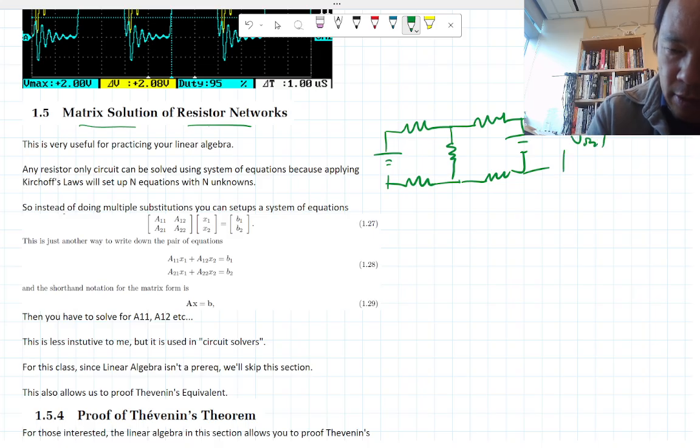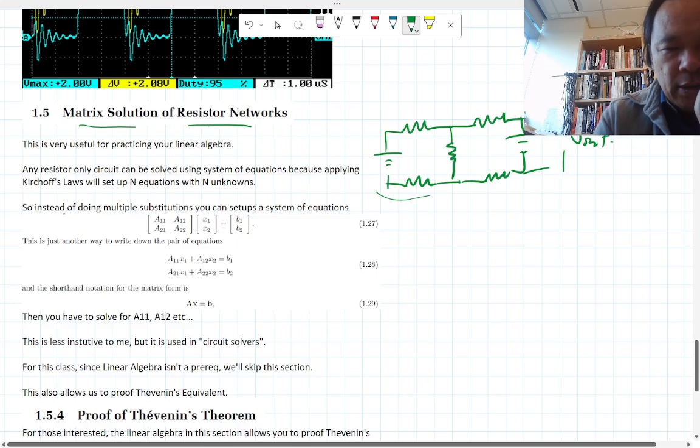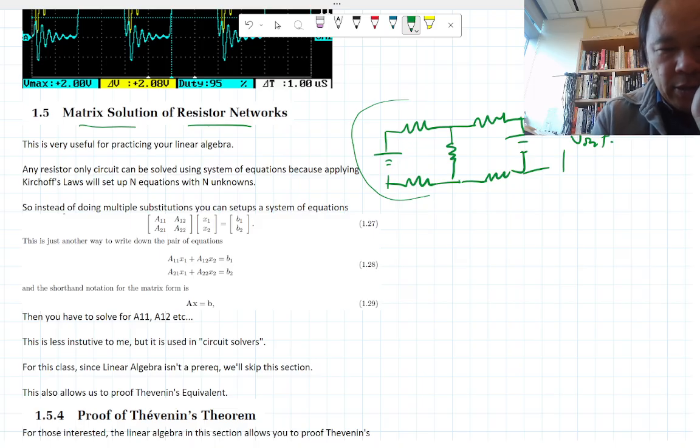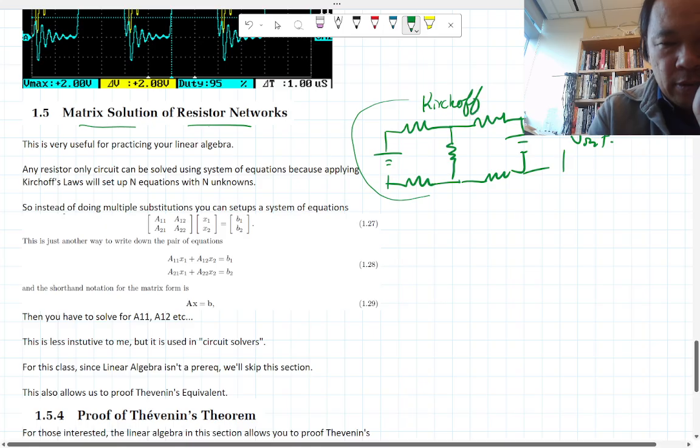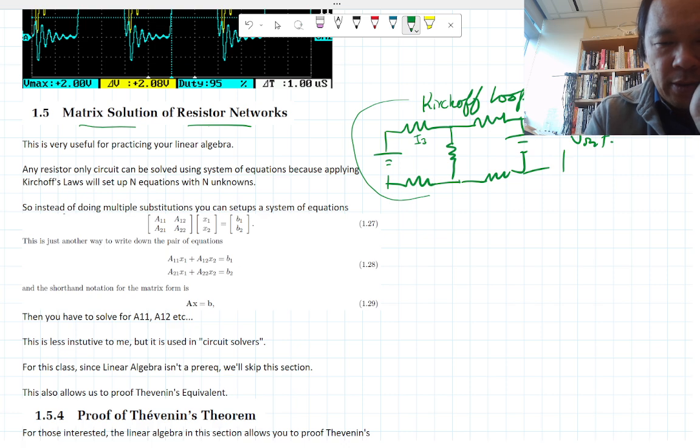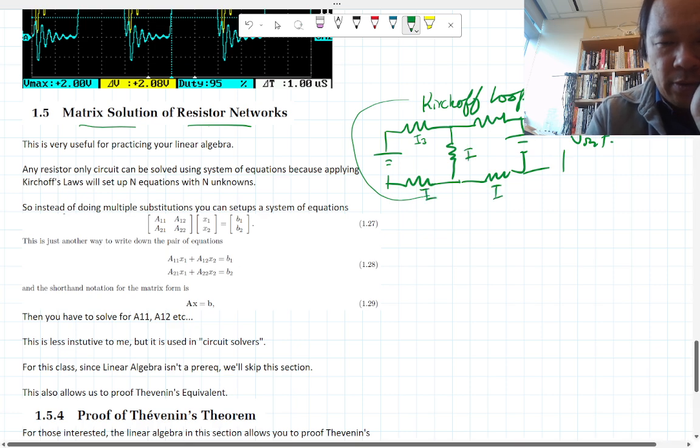What you find is that you're going to end up with n number of equations by applying Kirchhoff's loop rule, and you're going to have n number of unknowns. Meaning, what's the current going through this resistor, the current going through here.